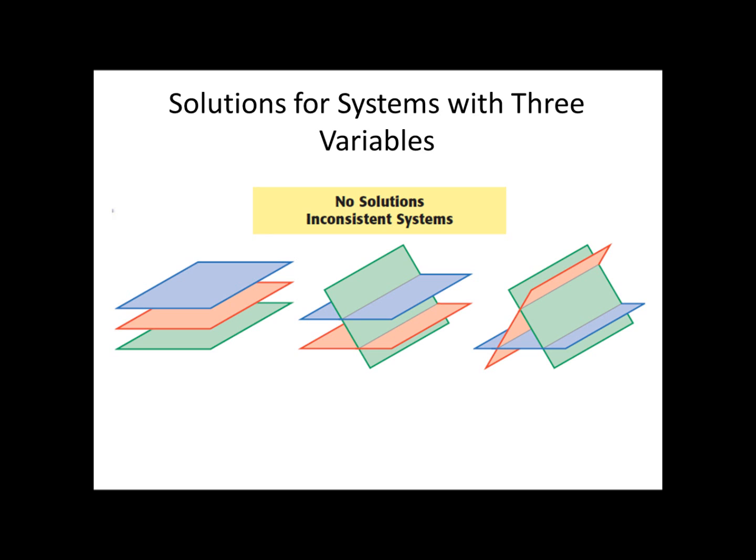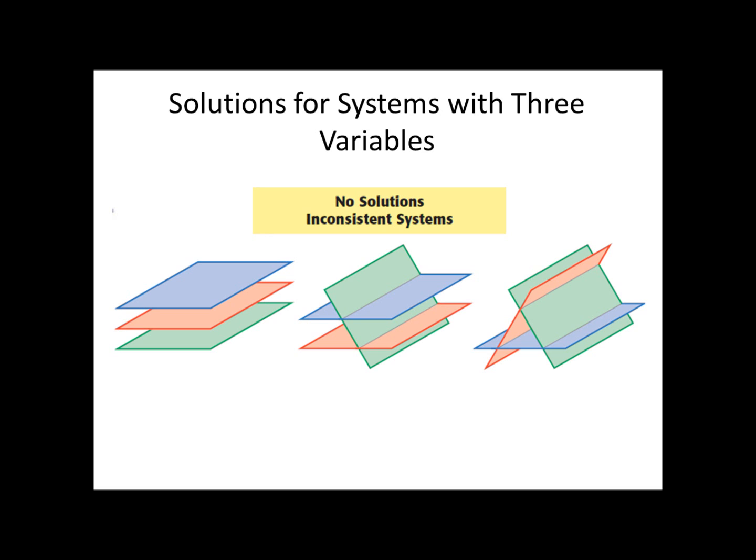Another example of what could happen is we could have one sheet of paper that cuts through 2 of them, but the blue and the pink are still parallel. Now that means that the 2 equations are consistent with each other, but all 3 equations aren't agreeing on what's going on.